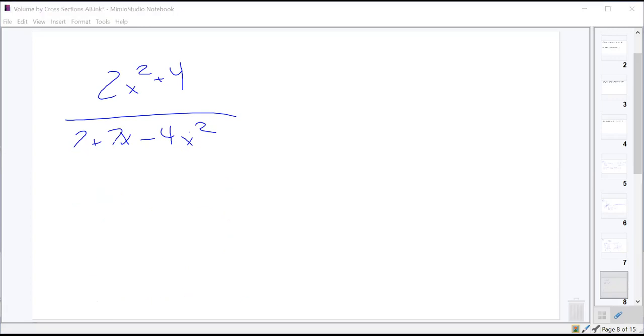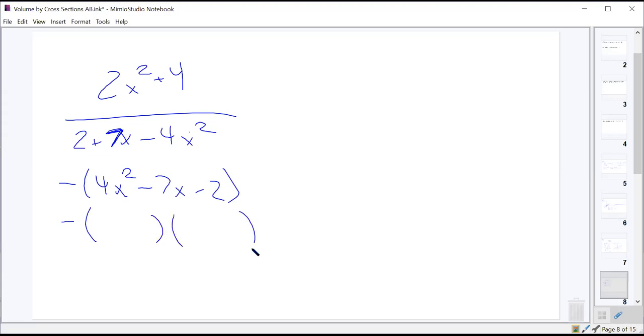All right, let's try that again. Now we're going to factor that denominator, which we won't be able to factor a 2 out of anymore. We'll probably take a negative out of it still. Still looks like that. There we go. That's better now. Okay. How does this factor? Anybody?